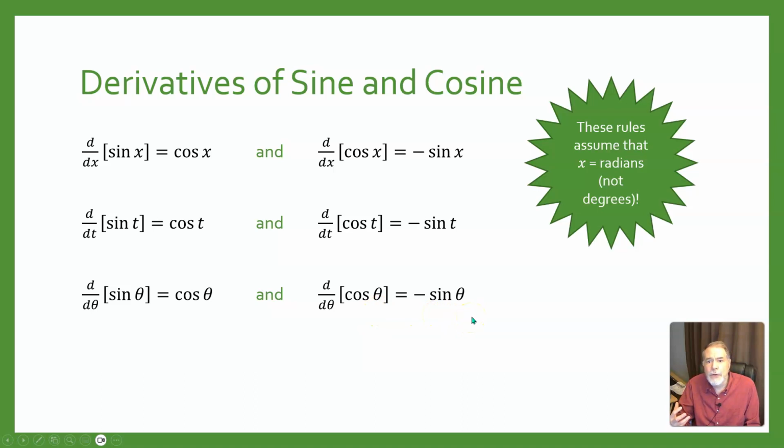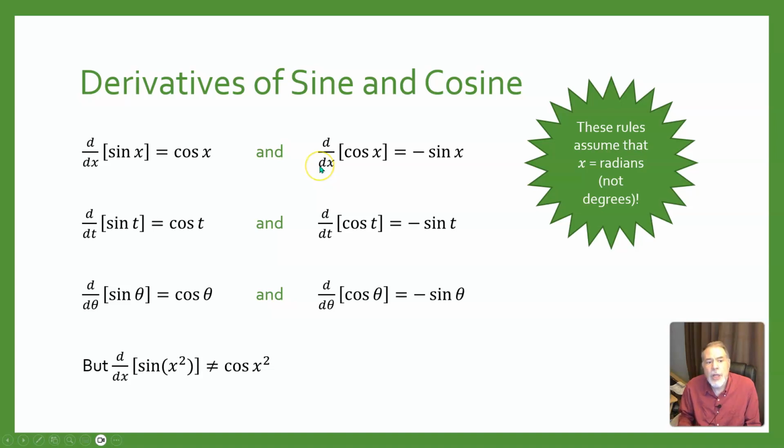So whatever the variable is, if we have the sine of that variable, the derivative is the cosine of that variable. But it has to be just the variable itself. It can't be some more complicated expression or function of that variable.